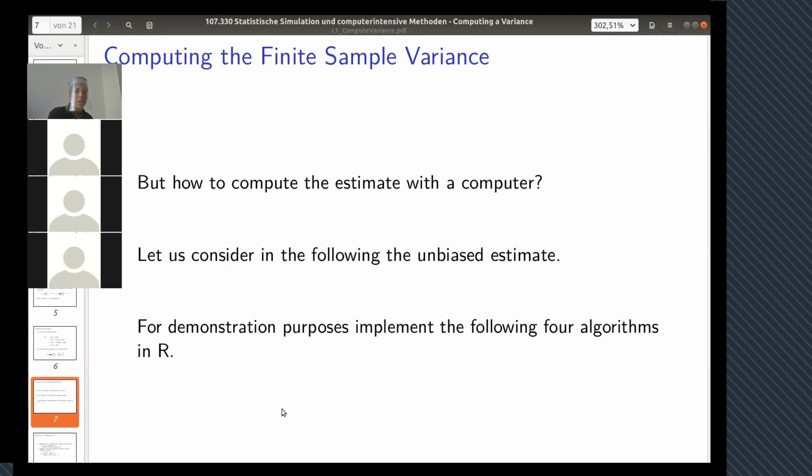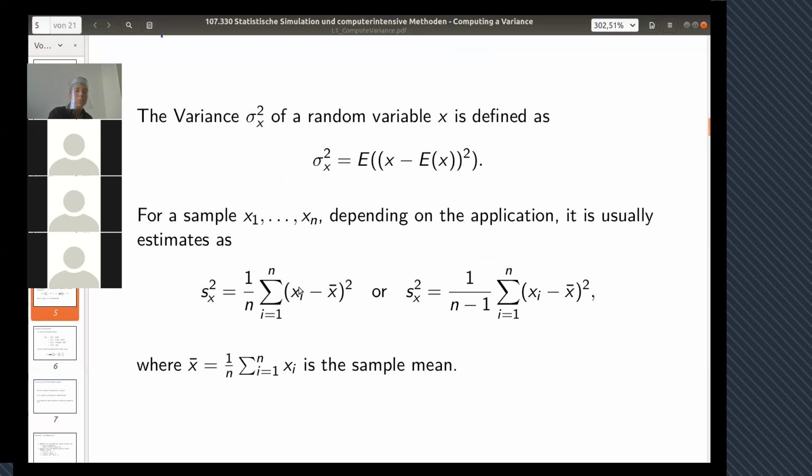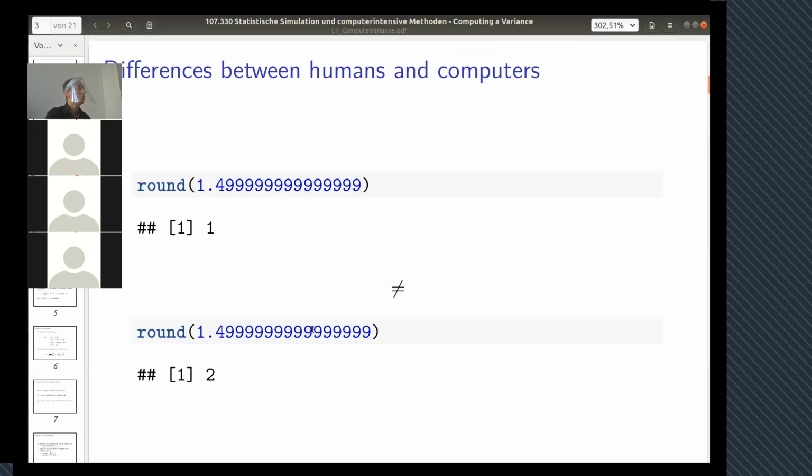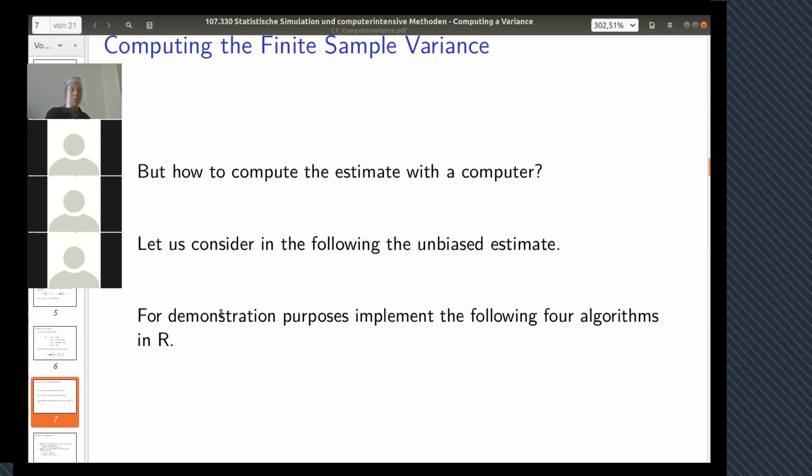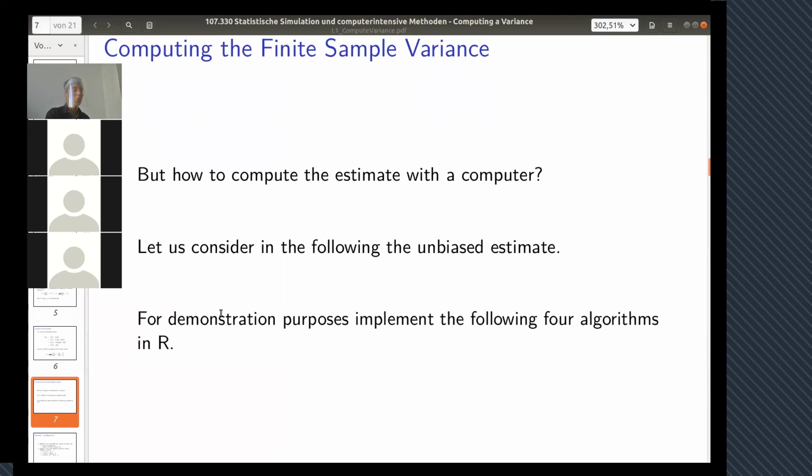However, for us, rounding those two numbers should also lead mathematically to the same result. It should also always lead to 1. However, it does not. So we're not looking into a mathematical problem, we are looking into a computational problem. If we use different formulas for estimating the very same thing, the variance of a sample, we will get different results, which is not good.